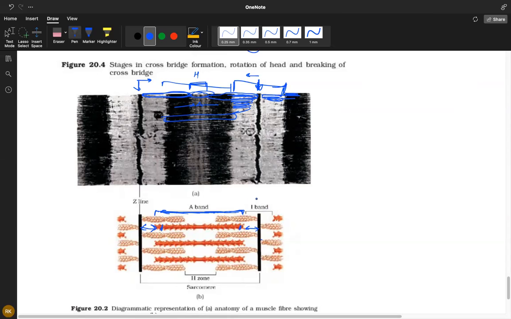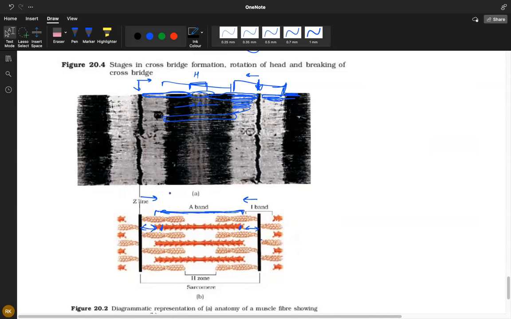So the maximum contraction that can happen is this much on this side and this much on this side, and that is enough. Upon contraction, muscles don't become so short that they become half of their size. They just contract and then relax, and this happens very fast in a rhythmic manner.